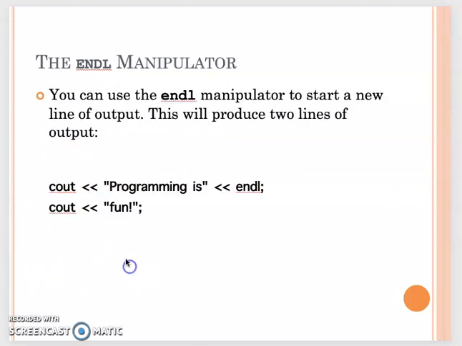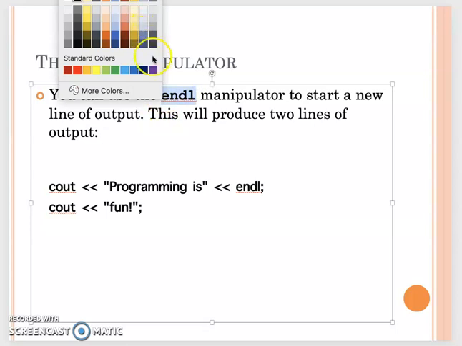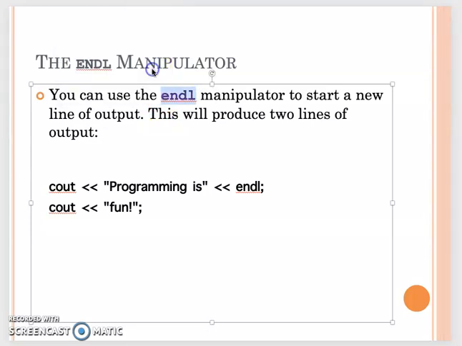Also last week, you saw this one, right? When we asked you to display how many hours they work, we displayed the information. Then at the end, you will see the insertion followed by endl. The endl is a manipulator.